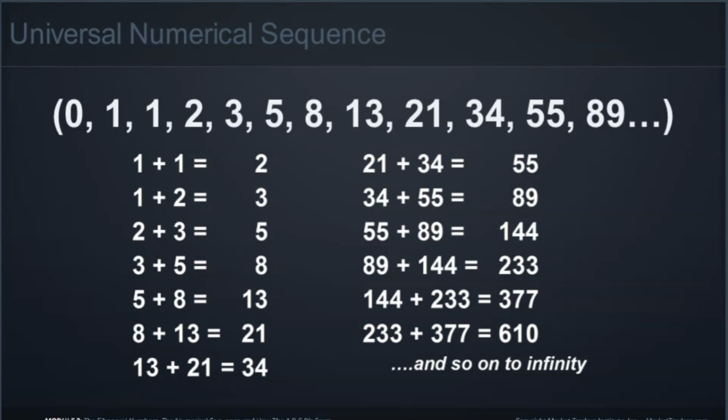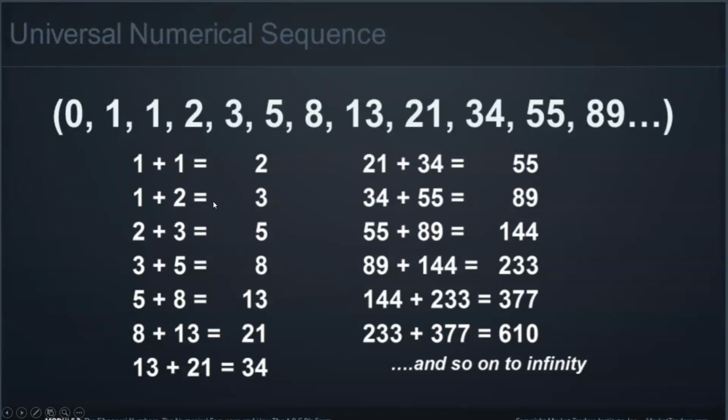So if I say 0, 1, 1, once I start from here, my second number and the third number added give the next number, which is 2. Now, if I add that next number to the preceding number, I should have the next number.